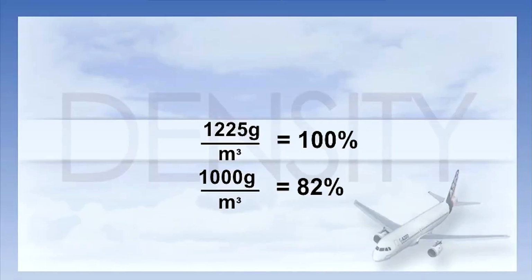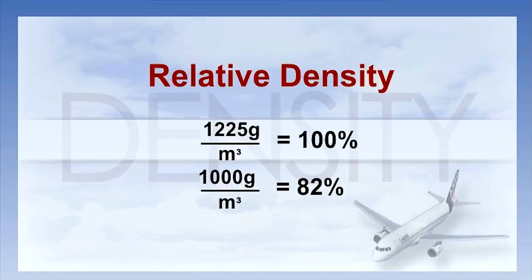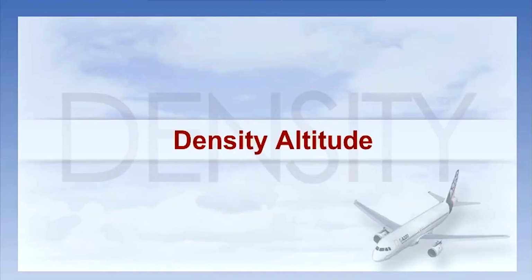If another area has a density of only 1000 grams per cubic meter, then this density is approximately 82% of the ISA surface density. We call this expression of density relative density. We are comparing the density in one area relative to the density in ISA at sea level.